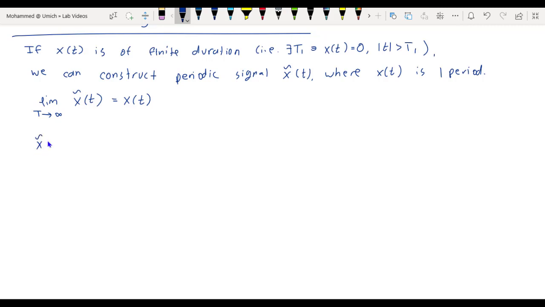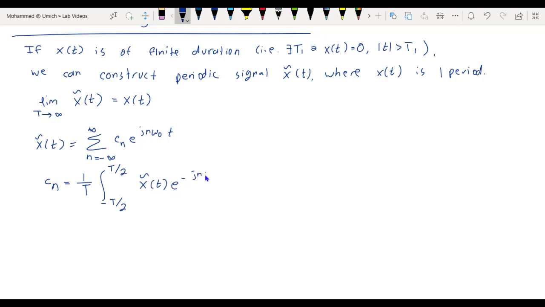So x tilde of t, using the Fourier series, is the sum from n equals minus infinity to infinity of Cn e to the power j n omega naught t, where the complex exponential Fourier series coefficients Cn are 1 over T times the integral from minus T over 2 to T over 2 of x tilde of t e to the power minus j n omega naught t dt.